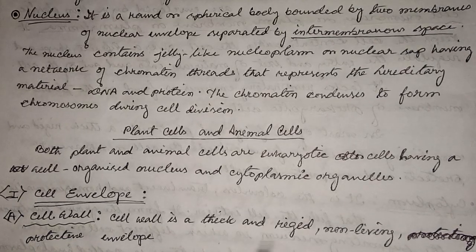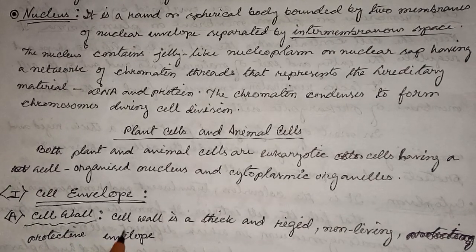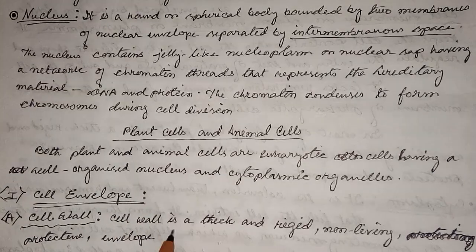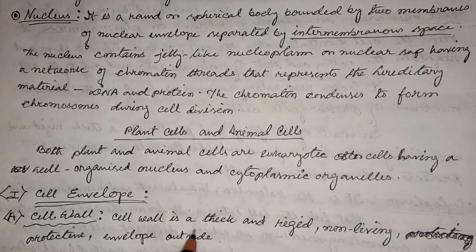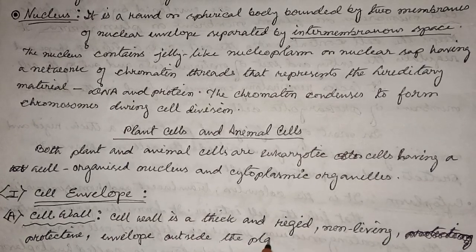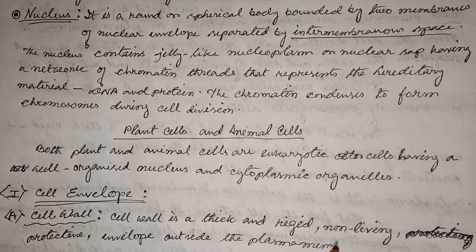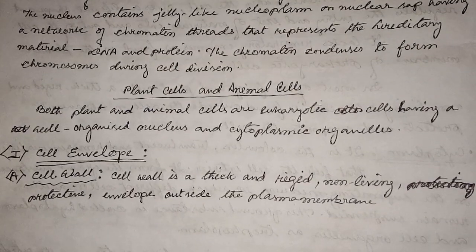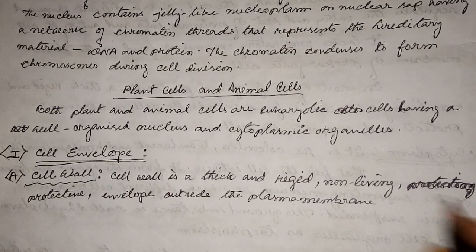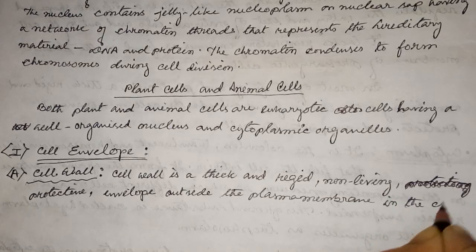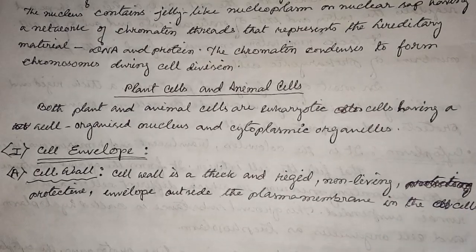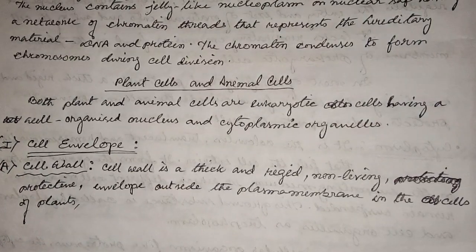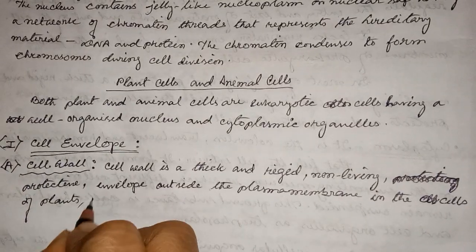Cell wall is a thick, rigid, non-living protective envelope outside the plasma membrane in the cells of plants, bacteria, fungi and algae.